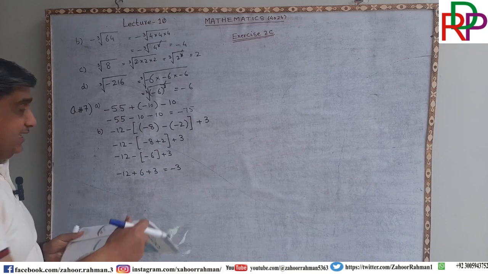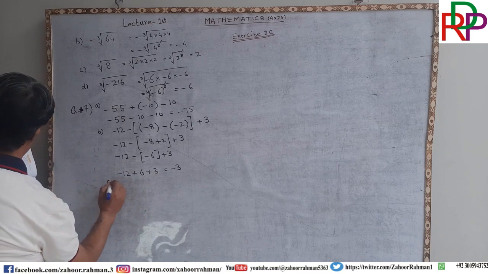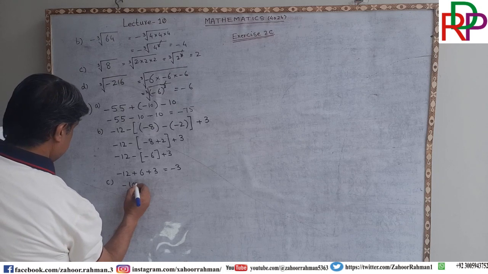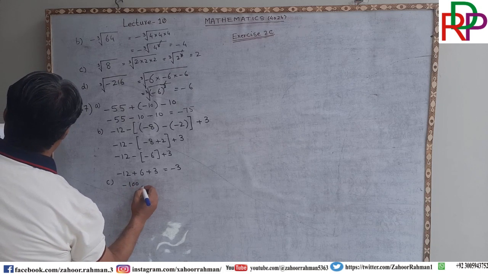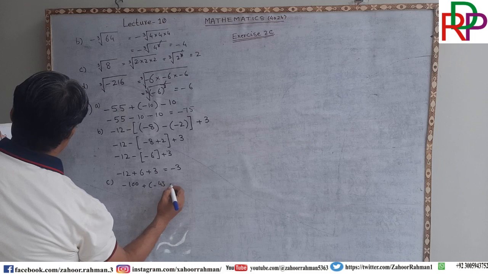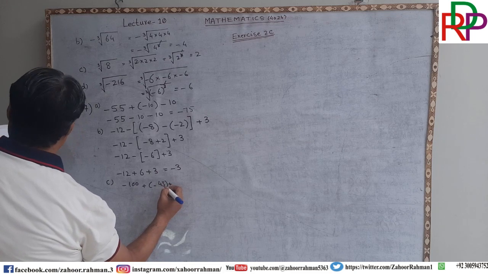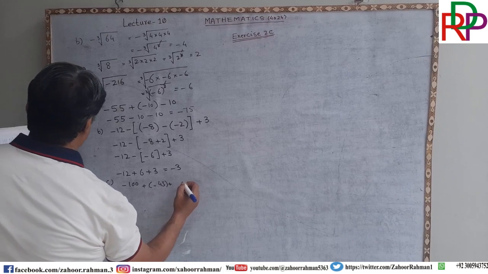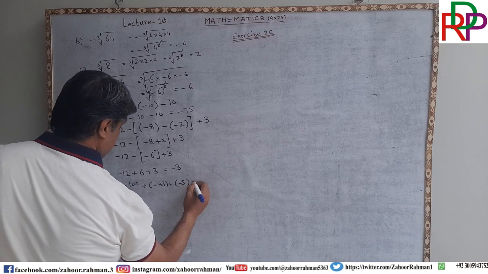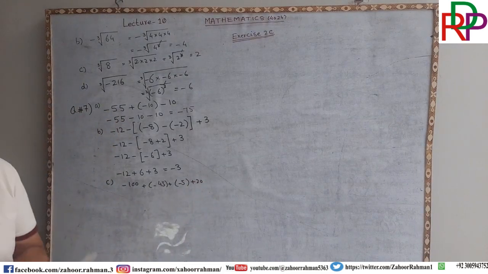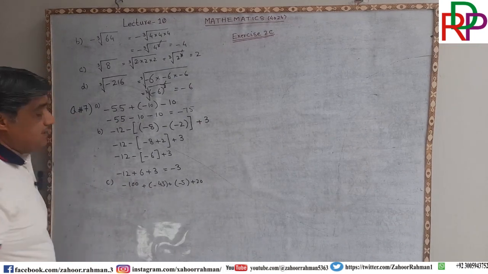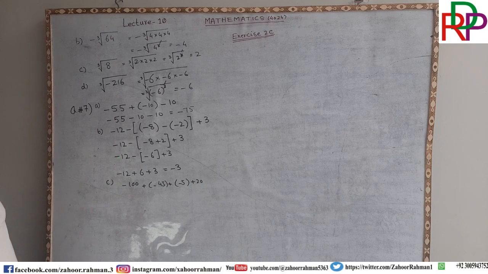Okay, ladies and gentlemen, I am writing part number C, and that is minus 100, and then plus minus 45, and then plus minus 5, and then plus 20. Ladies and gentlemen, gradually the things will become difficult, so please pay full attention.